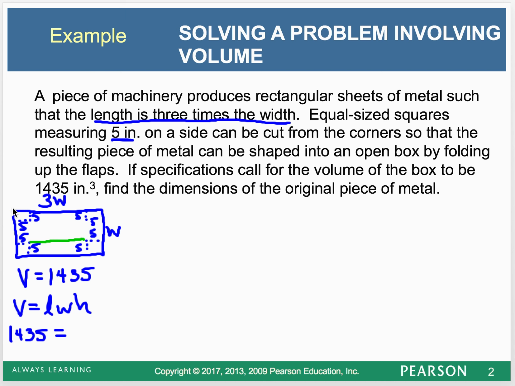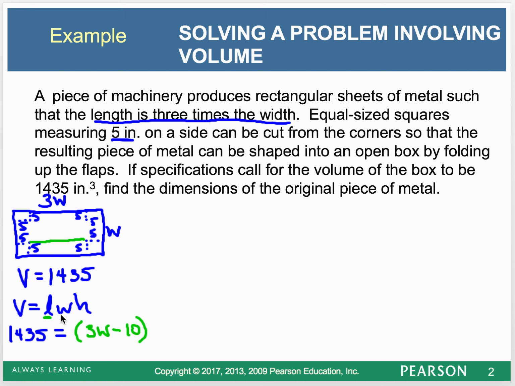The length of the piece of metal is 3W, but the length of the box is only this long. If I take away 5 from this end and 5 from this end, it is 3W minus 10. Okay, the length.